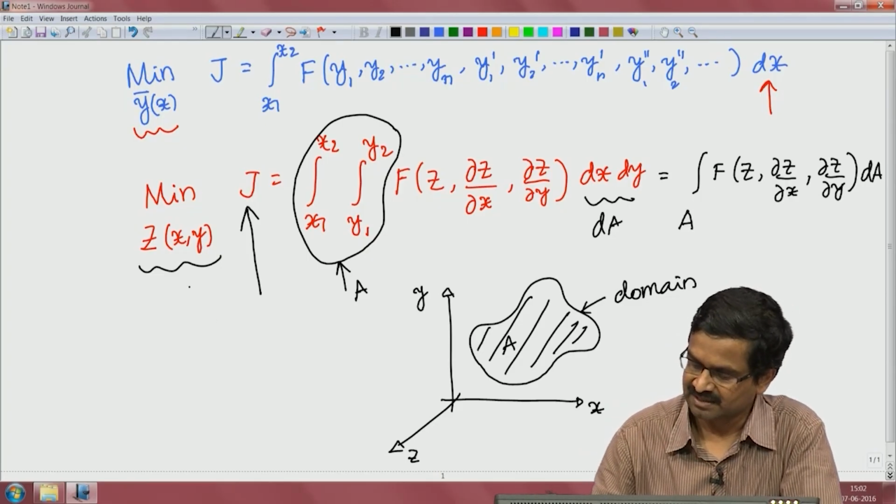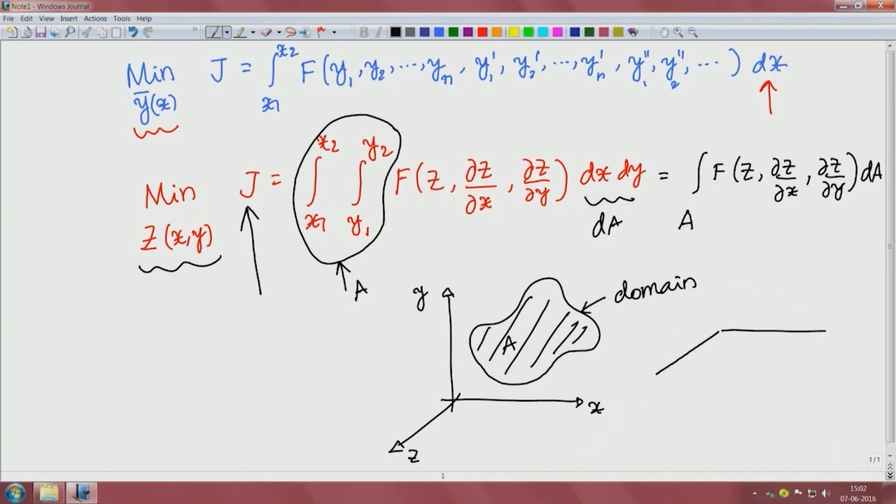If we imagine, let us say we have a plate, clamped here, maybe on all edges. Now, at every point x and y here, there will be deformation. First of all there will be some loading on the plate, and the plate is going to deform. So, the plate may deform something like this, depending on what kind of loading you have put.